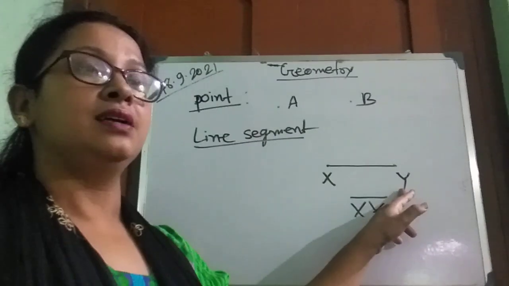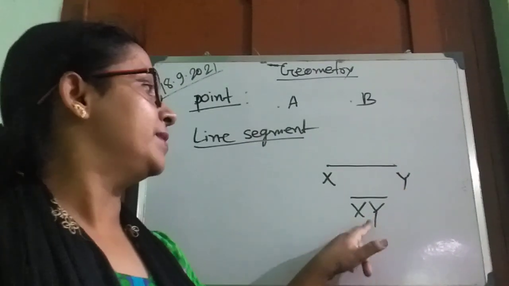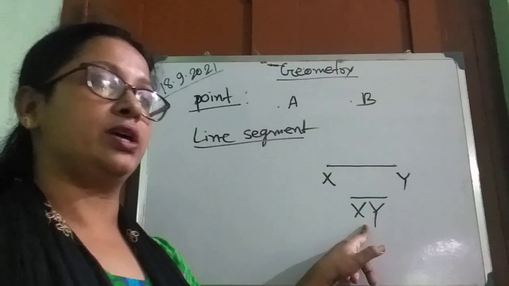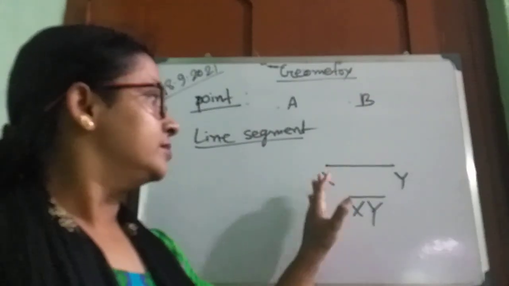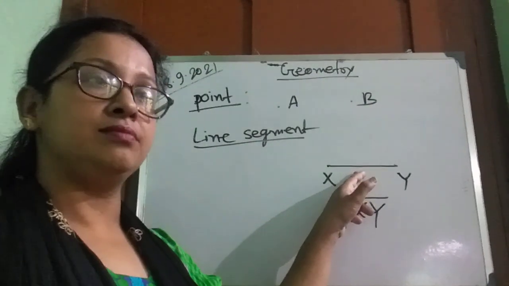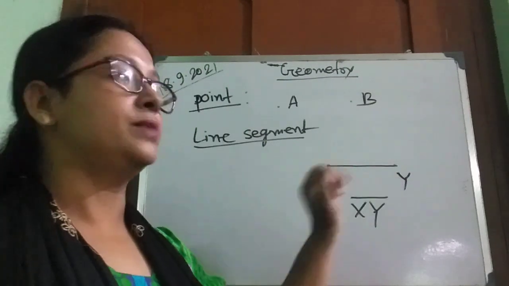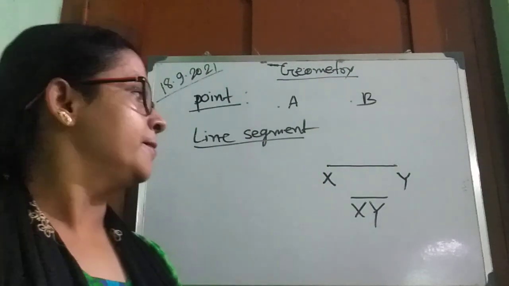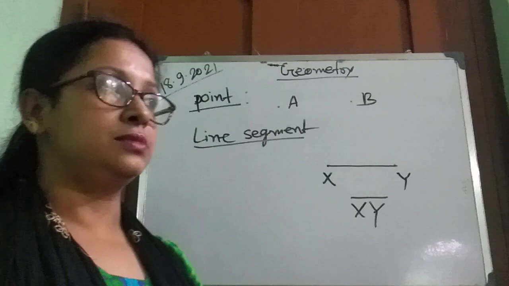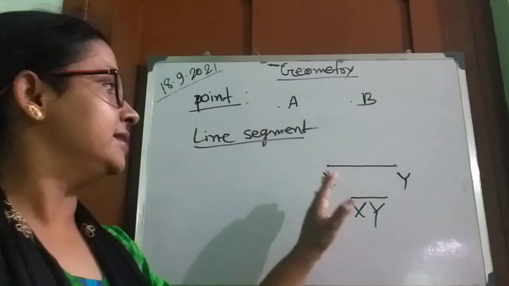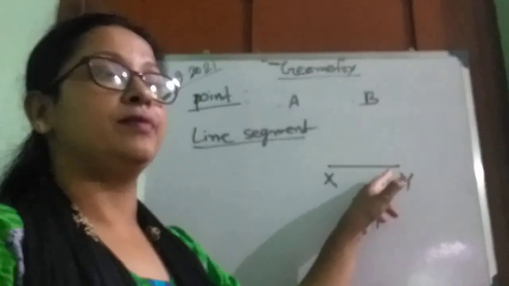That's why it is a line segment, and we can represent the line segment in this way. If you want to measure the length of the line segment, you can measure it. So the length of the line segment can be measured, and there are two endpoints of a line segment.